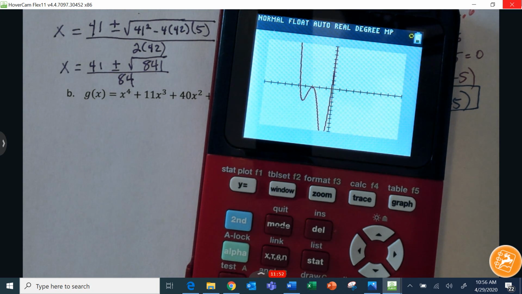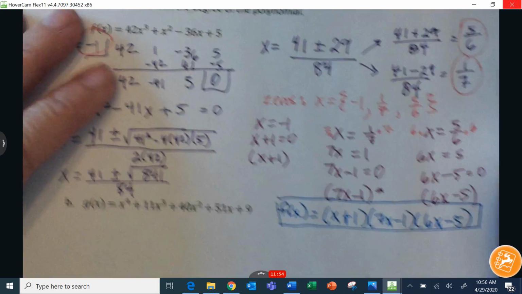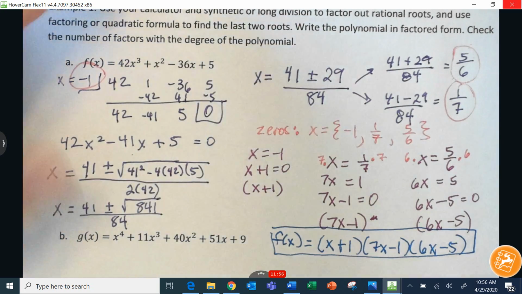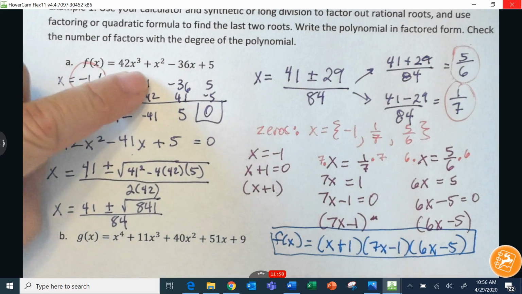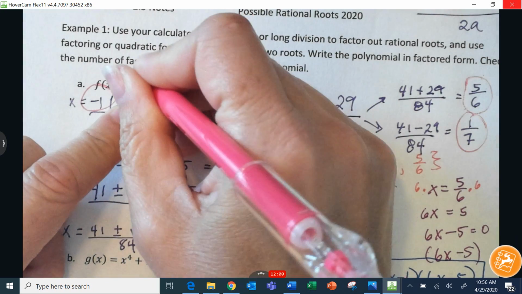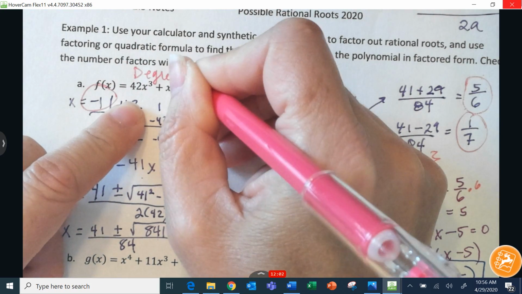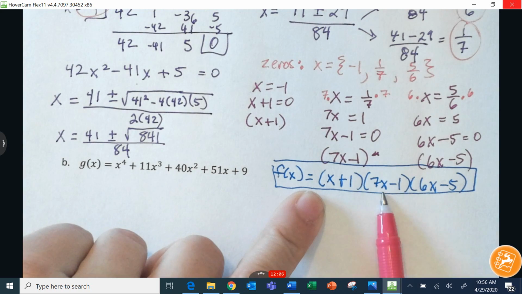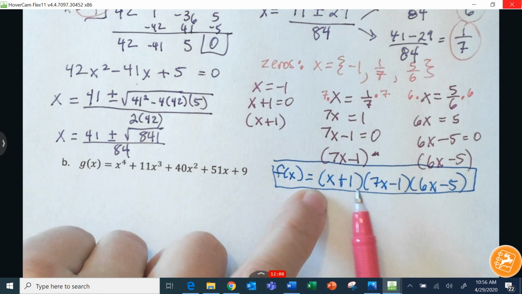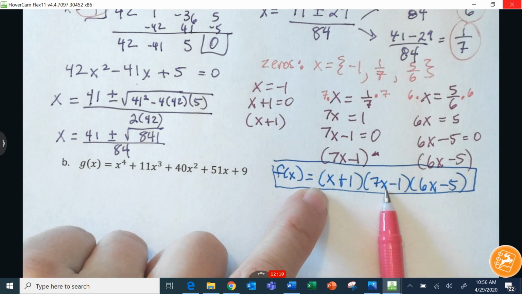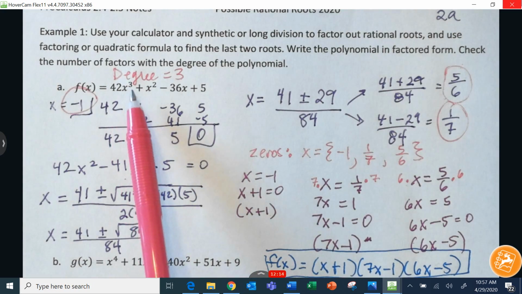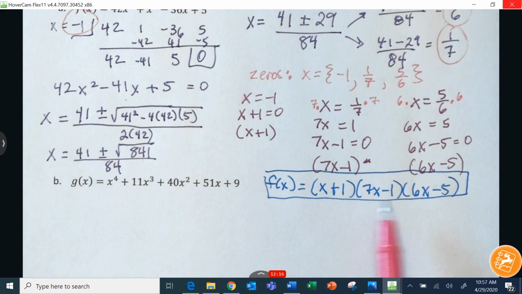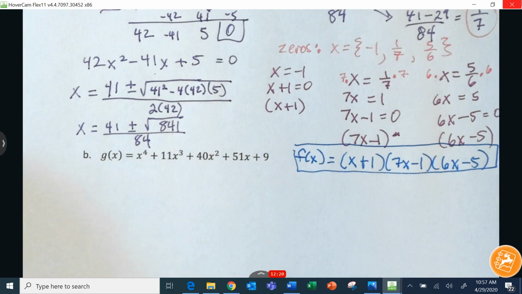One thing I didn't talk about that I just automatically do in my head is this one had a degree of 3 to start, and we had three separate linear factors when we're done. Each factor, the x was a power of 1, meaning it's a linear factor. So the degree number should be the number of linear factors when we're done, just in case you're having trouble finding some.